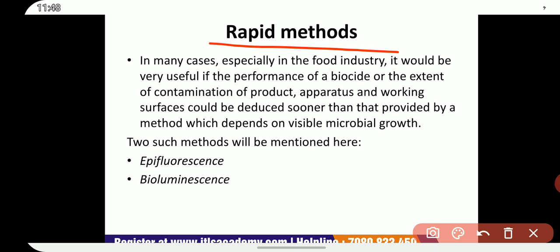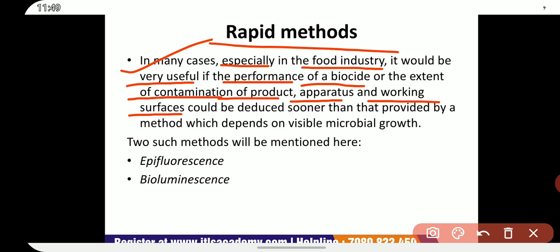Rapid methods. In many cases, especially in the food industry, it would be very useful if the performance of a biocide or the extent of contamination of product, apparatus, and working surfaces could be deduced sooner than that provided by a method which depends on visible microbial growth.